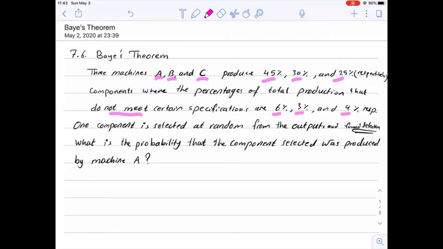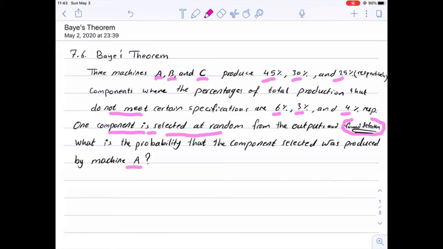Now the question is: one component is selected at random from the outputs and found to be defective. So it's defective. We know the final stage outcome. Now the question is, what is the probability that the component selected was produced by machine A?